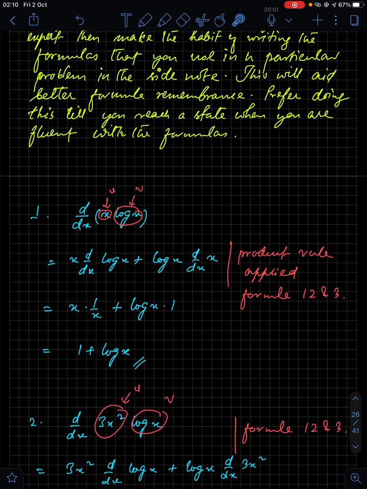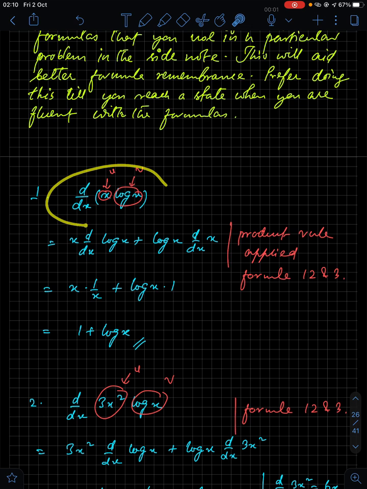So the first question. d/dx of x log x. So here x is taken as u and log x is taken as v. Therefore the formula says u d/dx of v plus v d/dx of u. Therefore you have u d/dx of v, that is x d/dx of log x plus log x d/dx of x, which is v d/dx of u.